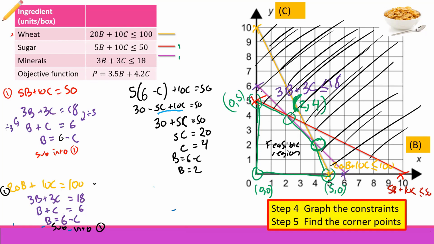So instead of B, I'm going to write 20 times 6 minus C plus 10C equals 100. Now 20 times 6 is going to be 120 minus 20C plus 10C equals 100.